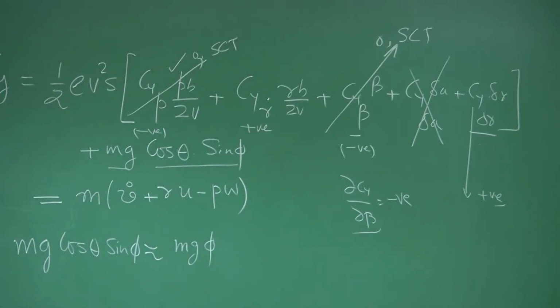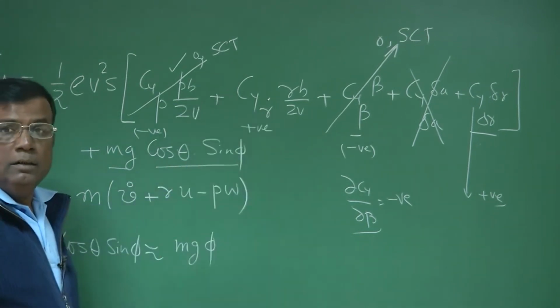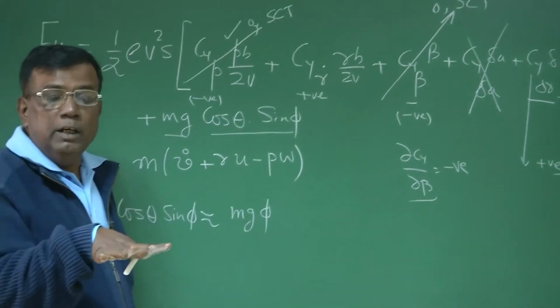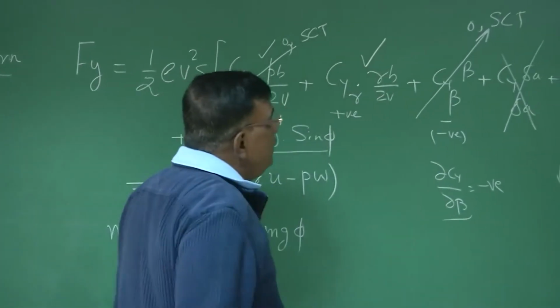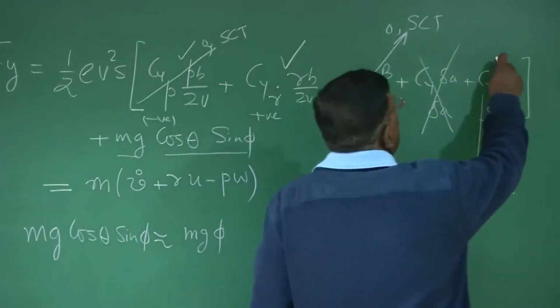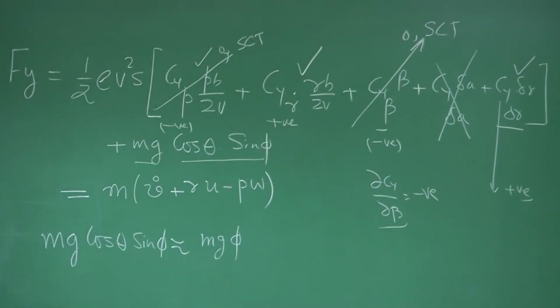What about R? Can I drop it? You cannot drop it, because R is there, it is turning like this, right? So this stays, and then delta r is there, this also stays, and we have taken an approximation that Cy delta is weak, so I am not adding that into the equation.